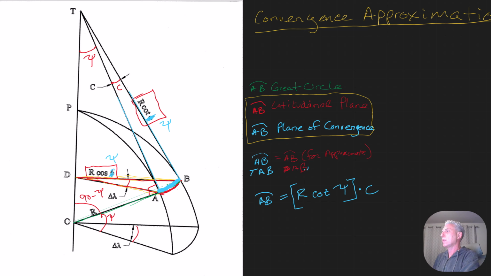And then the other arc AB, lying in the latitudinal plane, would be equal to R cos psi, or the radius of the latitude that we've looked at since day one, times delta lambda.